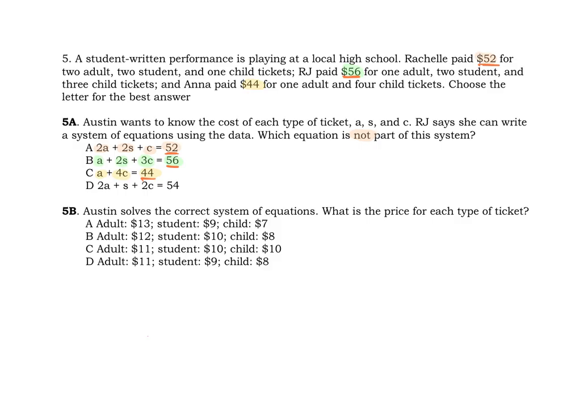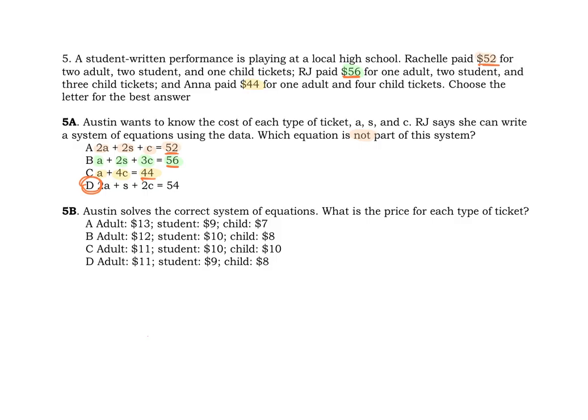So, yep, that is the one. So D is not part of this system. Now we want to solve and find out the price for each ticket. So X would be the price of an adult, Y would be the price of a student, and C would be the price of a child. That would be our definition.